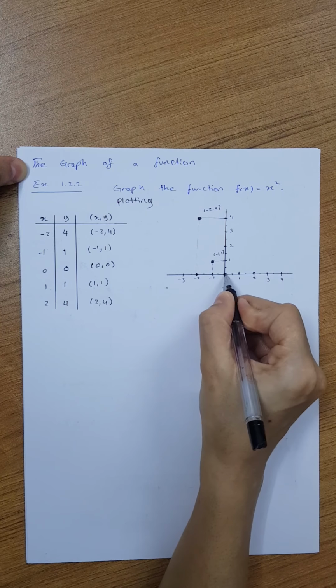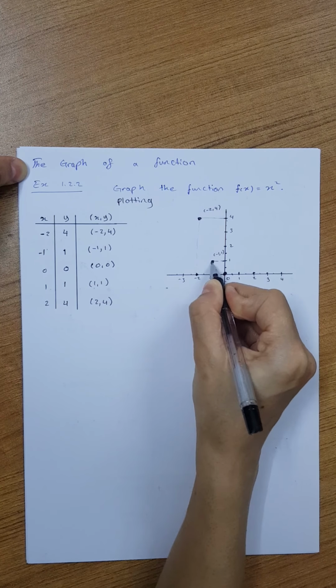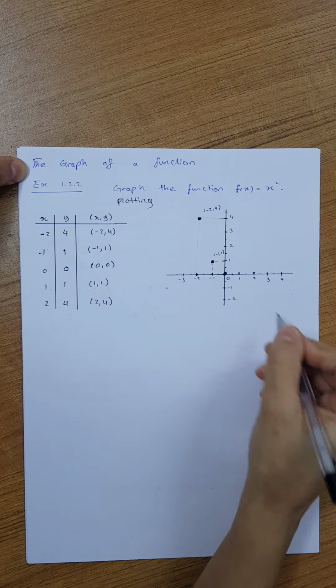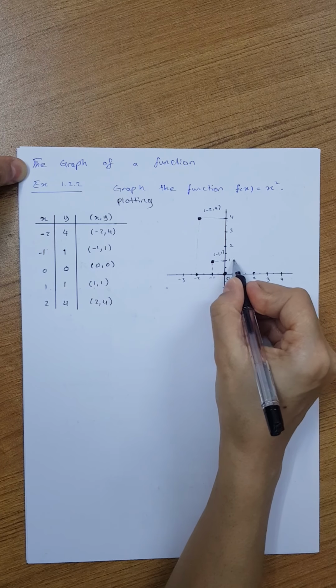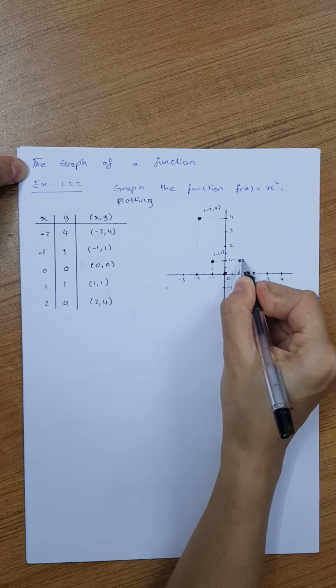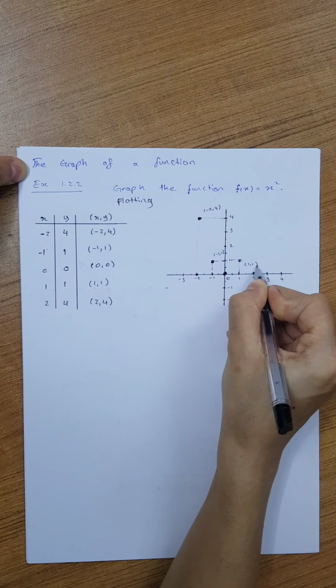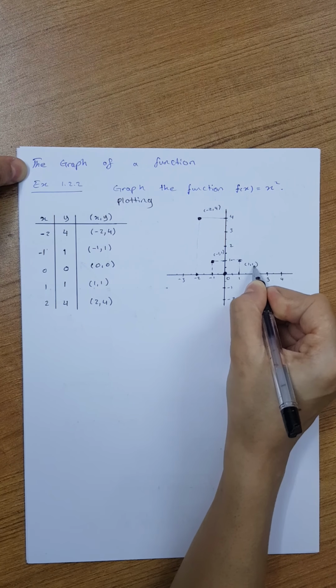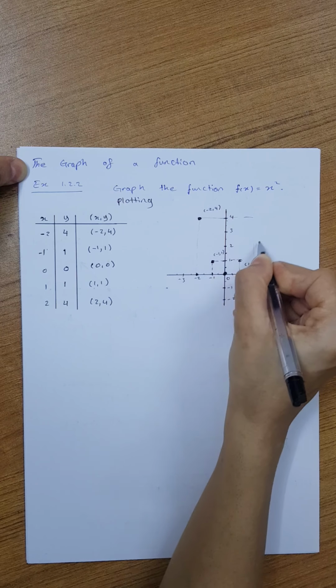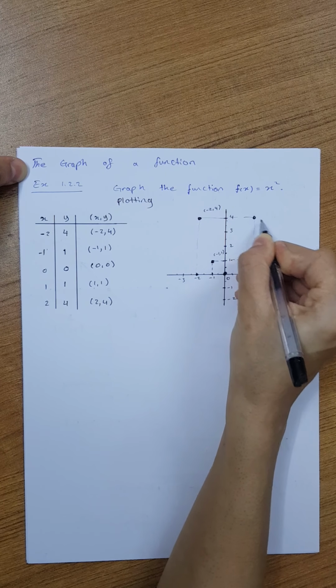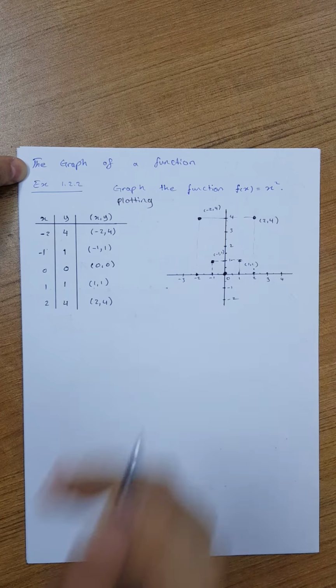Then I have got (0, 0), that is the origin. Then I have got (1, 1), here is the point (1, 1). Then I have got (2, 4), that's the point (2, 4).